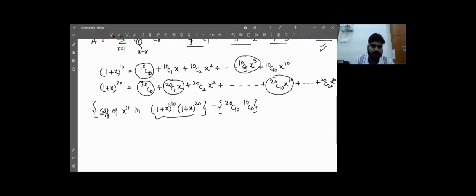So this is nothing but (1+x)^30. So the A part will be 30C10 minus 20C0, which is 1, so 30C10 minus 1.